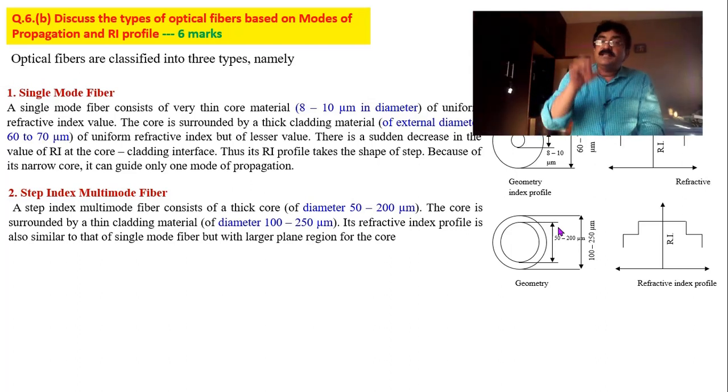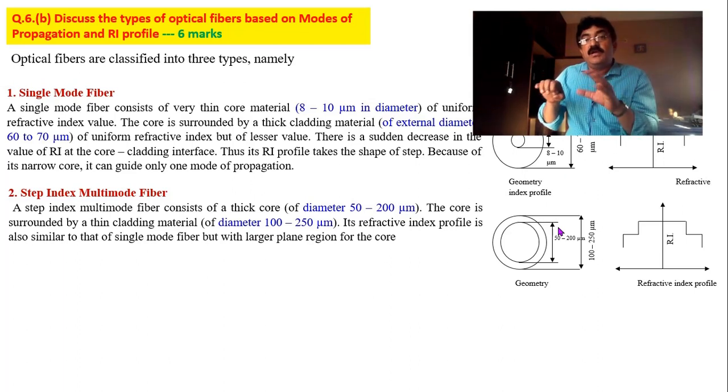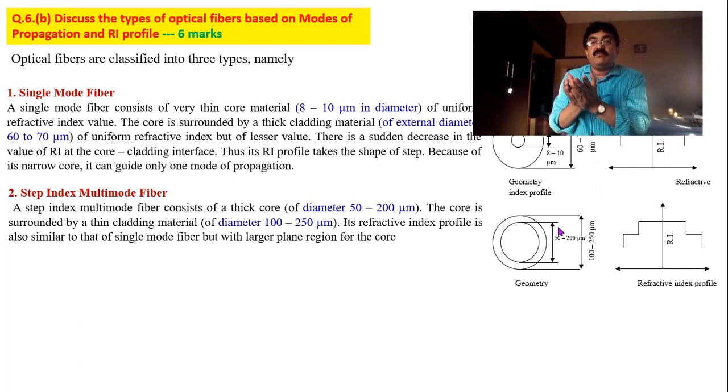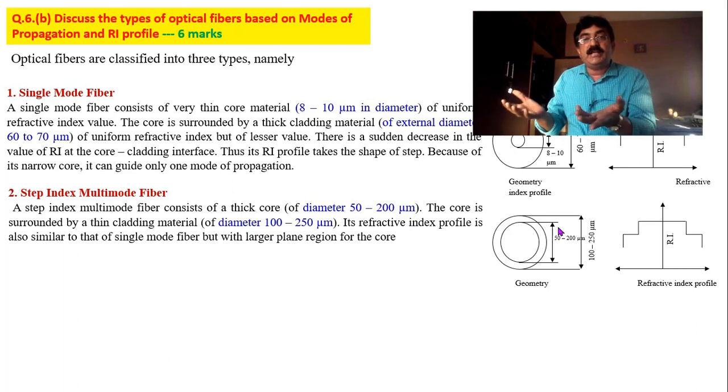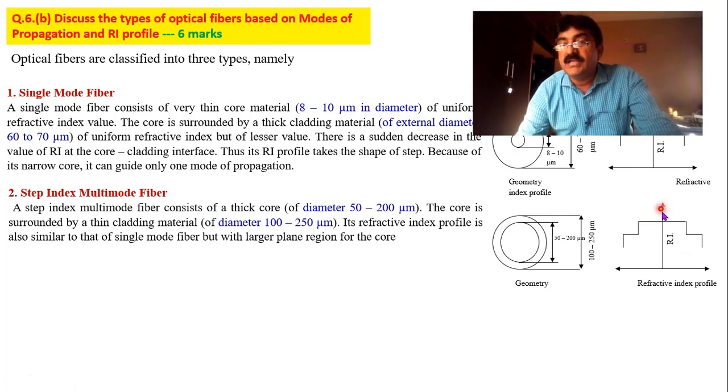Now retain the same dimensions, core that much big only, clad that much big only. Instead of having a constant refractive index, you have a gradient refractive index, gradually decreasing refractive index. That means instead of retaining 1.55 always, you keep on reducing, 1.55, 1.54, 1.53, 1.45, like that.